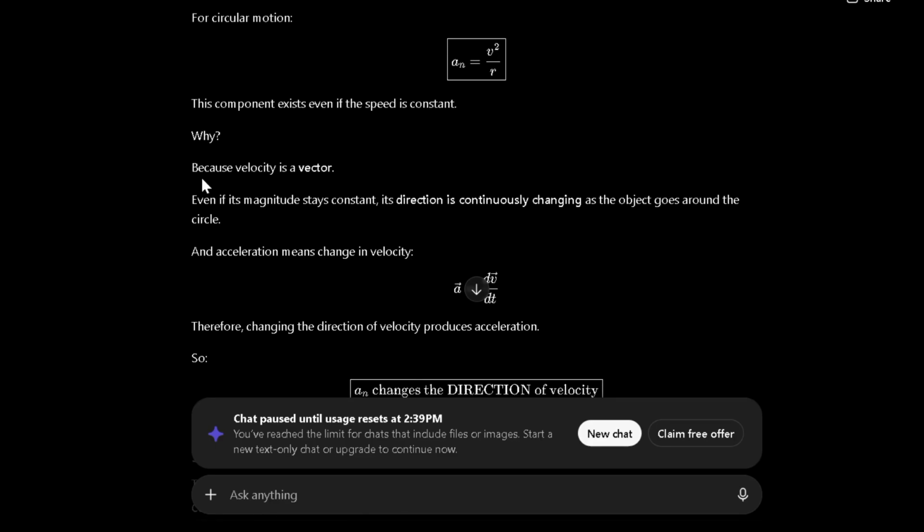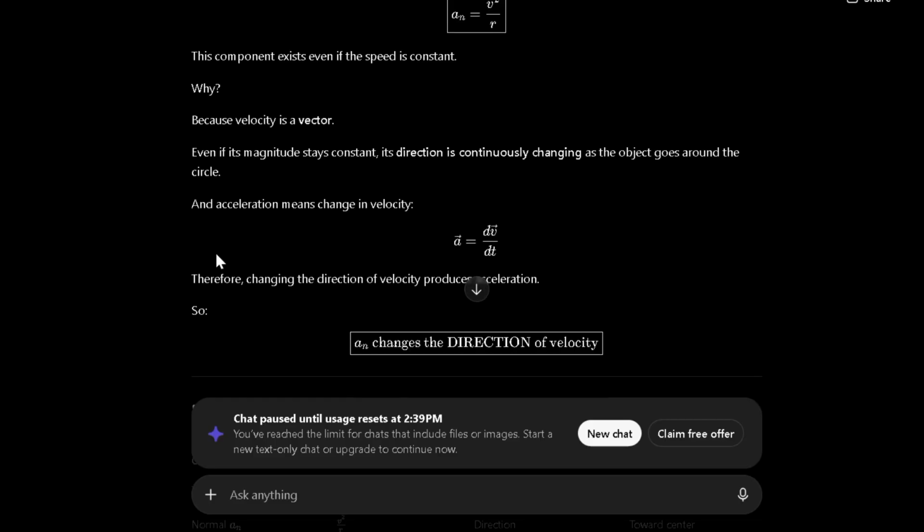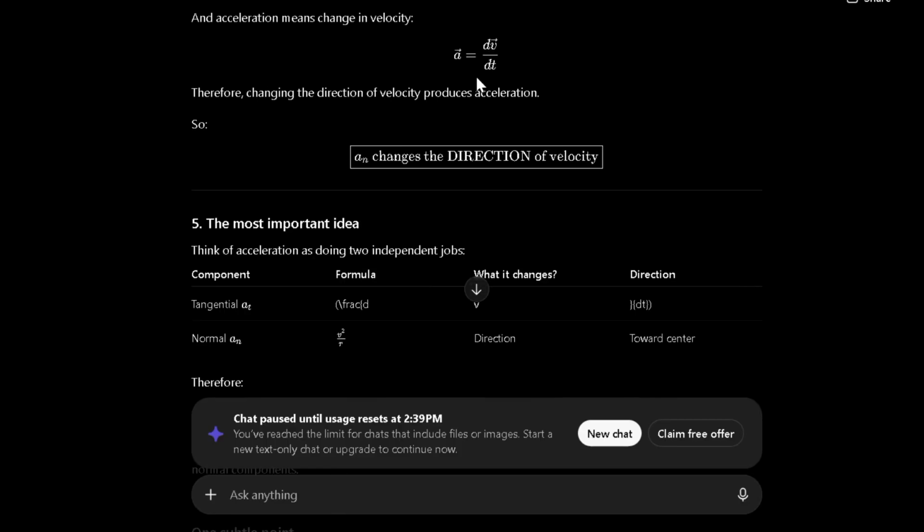Because velocity is a vector. Even if the magnitude stays constant, its direction is continuously changing as the object goes around the circle, and acceleration means change in velocity, a equals dv by dt. Therefore, changing the direction of velocity produces acceleration. So a_n changes the direction of velocity.